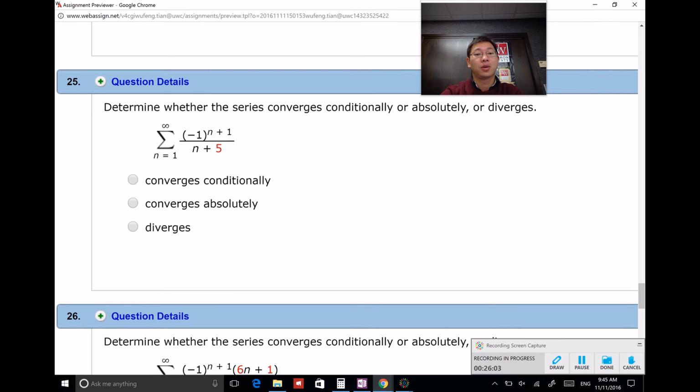And then the next one is an alternating series. I'm going to call another student here. Nicholas, could you please tell me if this one converges or diverges? Does it converge conditionally? Very good. Why does it converge conditionally?